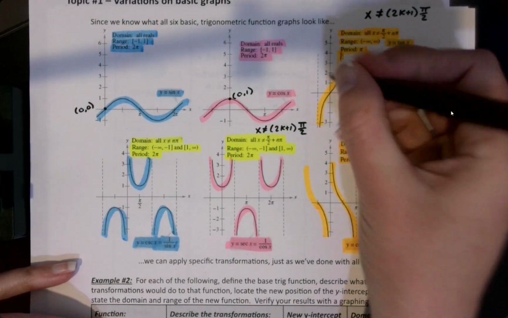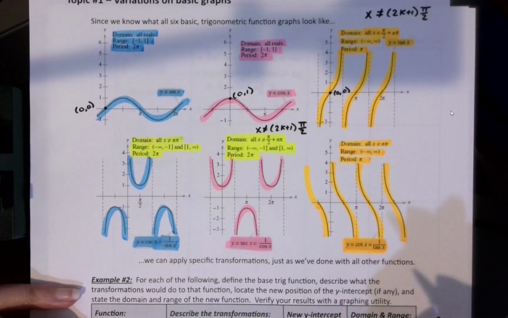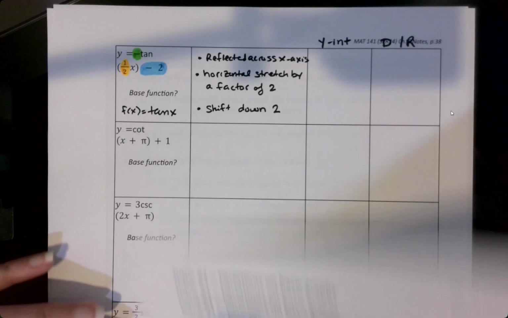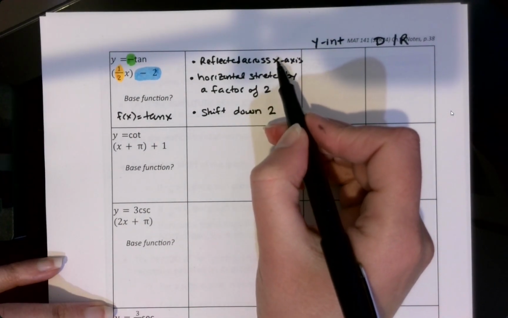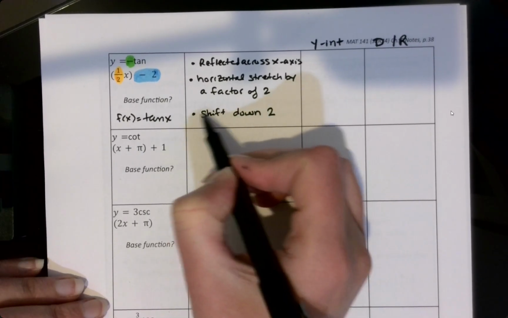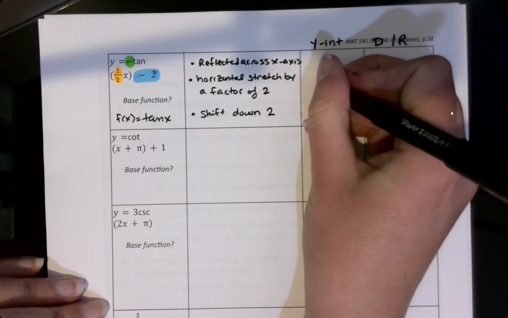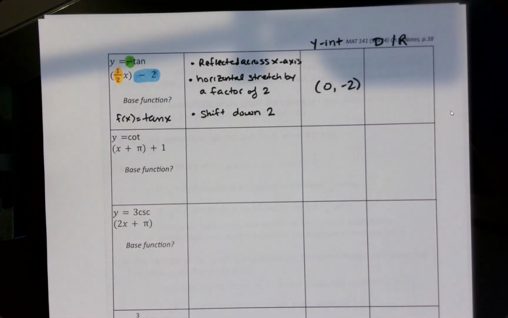So tangent did have 0, 0 as its original y-intercept. If I reflect 0, 0, it stays at 0, 0. If I shrink 0, 0, 0 divided by 2 is still 0. But if I shift it down 2, that is going to change its position to 0, -2. So the new y-intercept will be at 0, -2 from moving down 2.